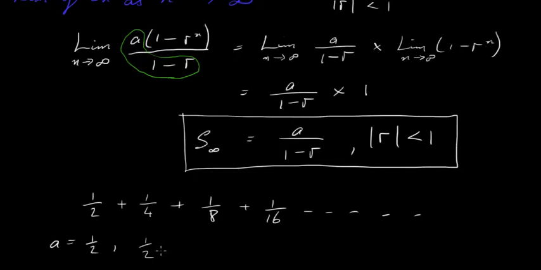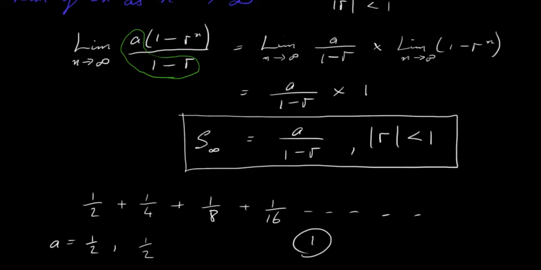So r is a half, and the modulus of r is less than 1. So if you add up all of these, what do you think you would get? Well, probably instinctively you would think you would get 1. If you added up all of these, a half plus a quarter plus an eighth, the limit of this particular series would be 1.